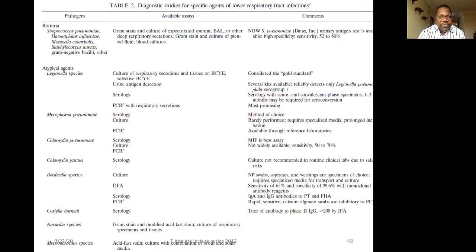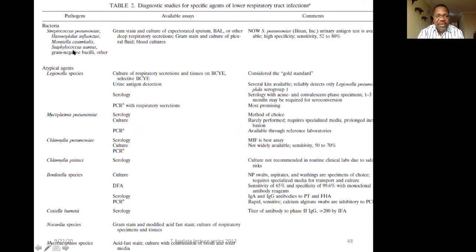So we have the pathogens that are able to cause hospital-acquired pneumonia. We have spoken about the bacteria and atypical infections.